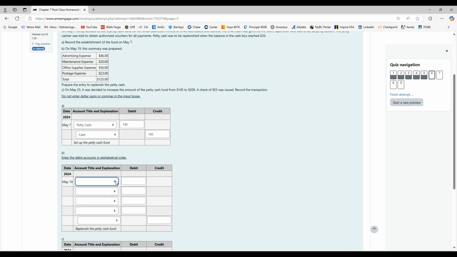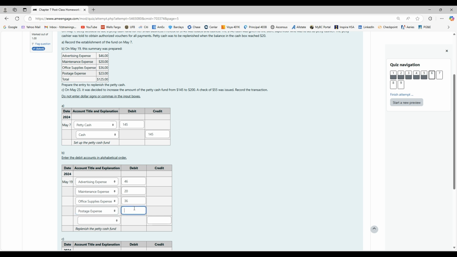So we had advertising expense of $46. So it'd be like we're looking through the receipts or the vouchers, and we would know what the cash was taken for, essentially. So we're just recording all the accounting related to that right now.